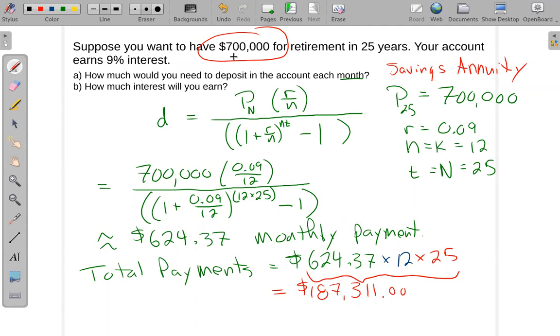Now, but I end up with 700,000, so the difference has to be the interest that I earned. So for part B here, if I take that 700,000 that I'm going to end up with, subtract the 187,311, that difference should be my interest earned. Let's see what we got.